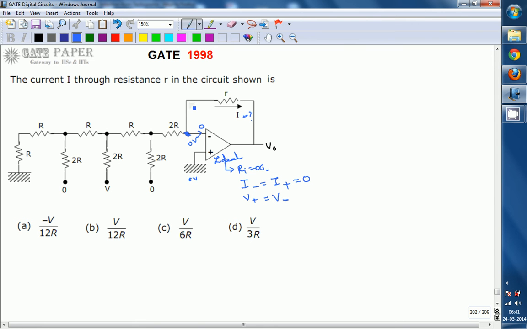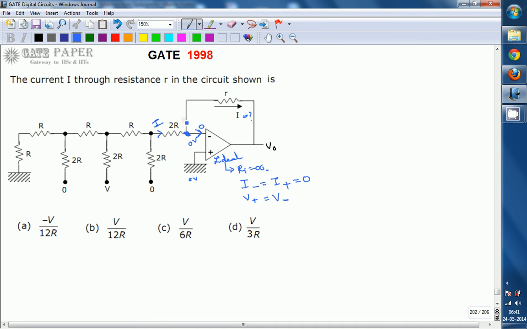So the current flowing through this small resistance r is I, and since the current flowing through the inverting terminal is 0, this same current flows through the 2R. So the current flowing through 2R is I. If you are able to calculate the current flowing through this 2R resistor, that is the current flowing in the small r.